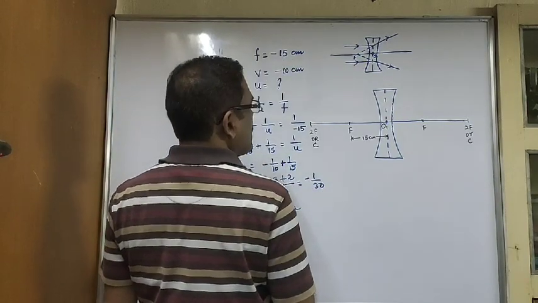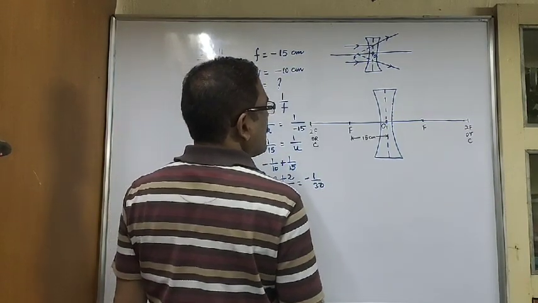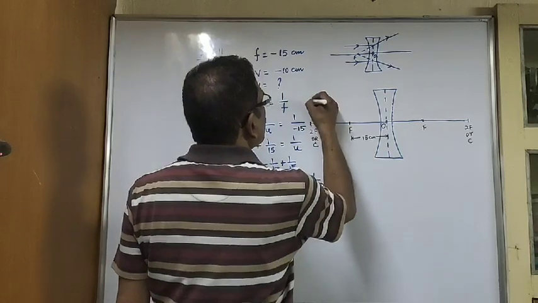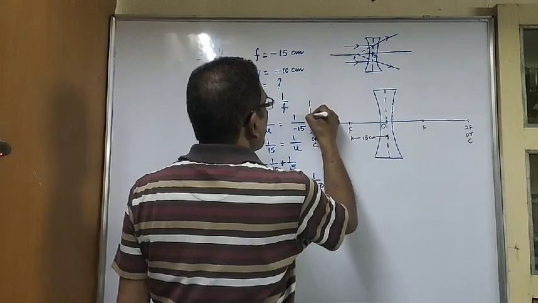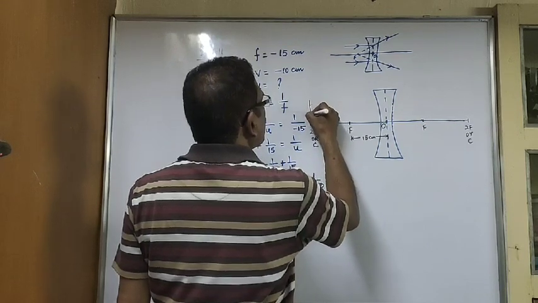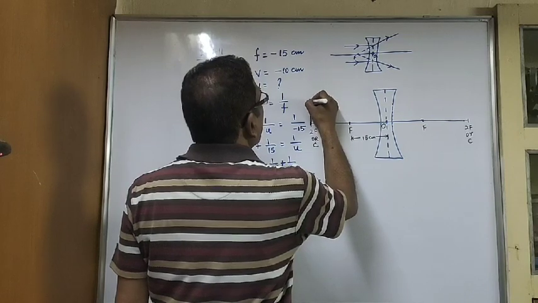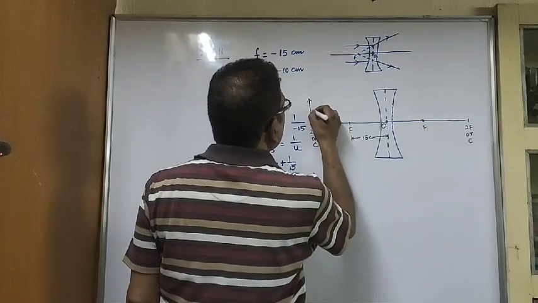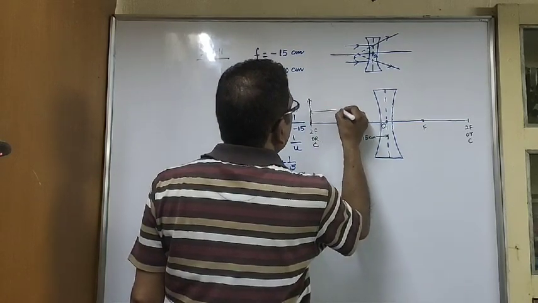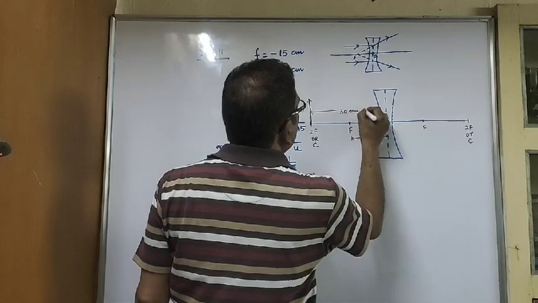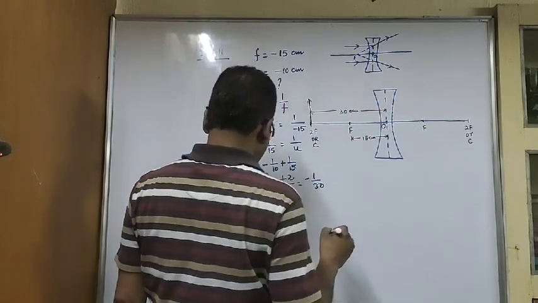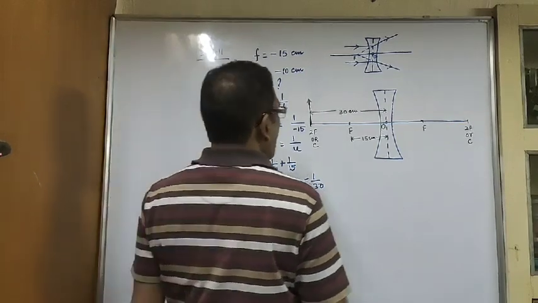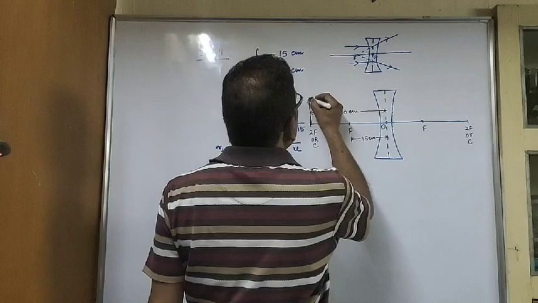The object is placed at a distance of 30 centimeter. It means the object is at 2F. Here the object is. This distance is 30 centimeter, because we have calculated u is equal to minus 30, and draw a ray diagram now.